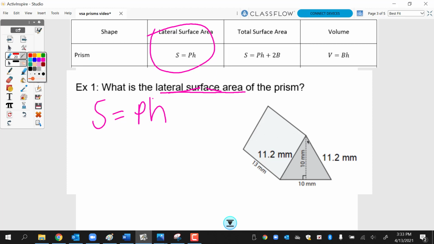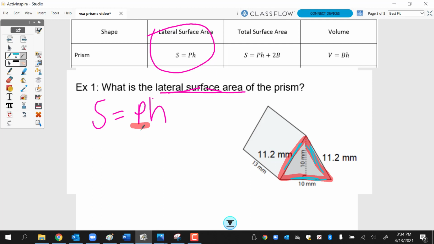I'm looking and I see, oh, one of the sides is a triangle. That means automatically that is the base. So I need to do the perimeter of this base. Okay, well, what are the sides of the base? We know to do perimeter, you just add the sides together. So we're doing this side plus this side plus this side.